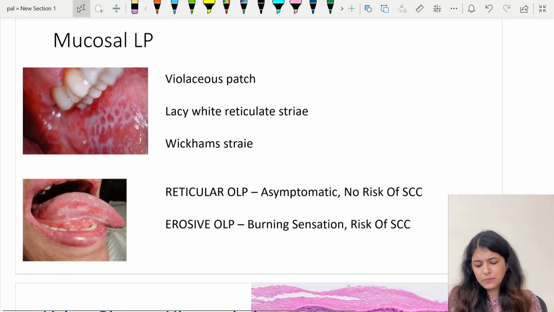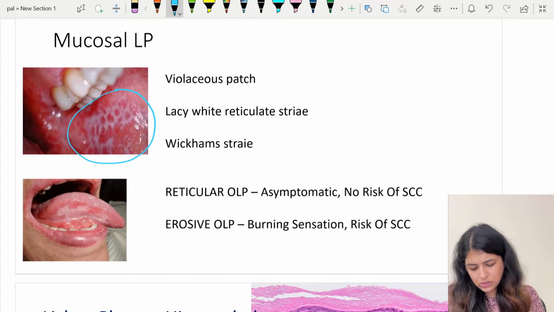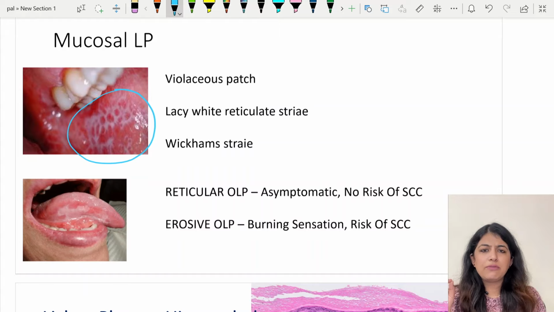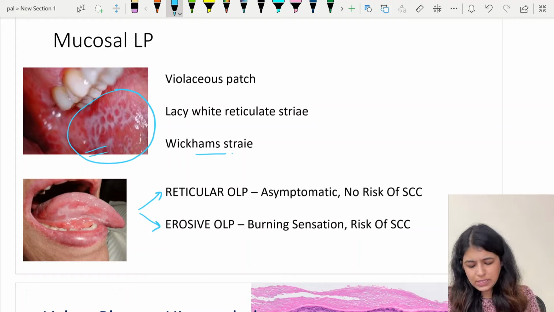On the mucosa, you see this violaceous patch with beautiful lacy white reticulate stria. Again, a very typical finding of oral mucosal LP are these lacy white reticulate stria, which are called the Wickham's stria. There are 2 types of oral LP, reticular LP and erosive LP. Reticular LP is what you see in the image here.